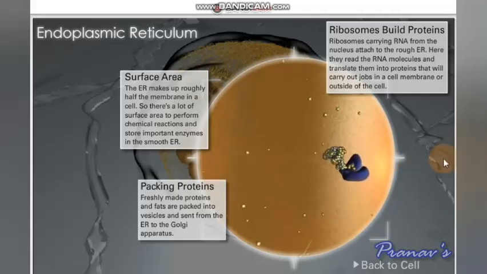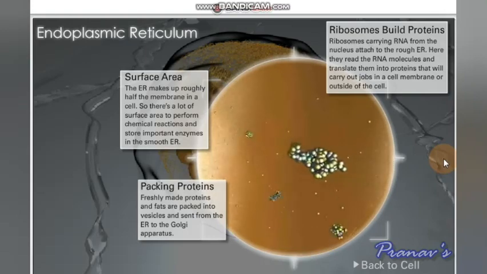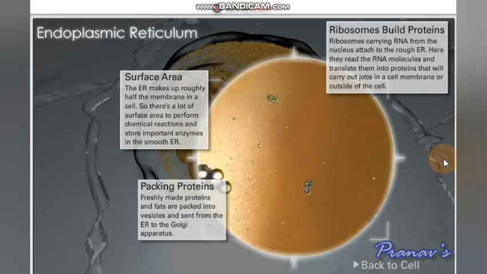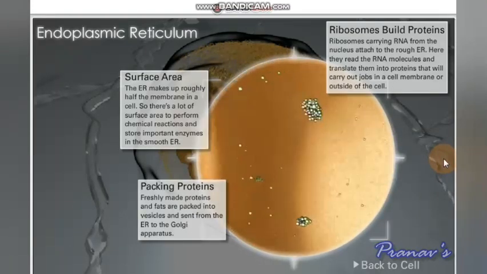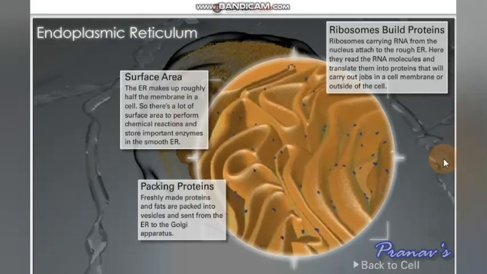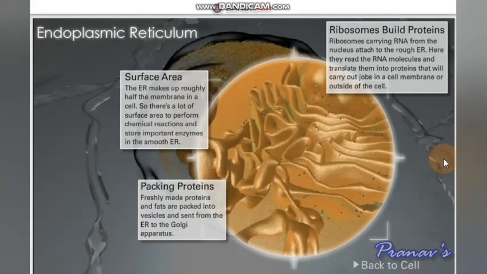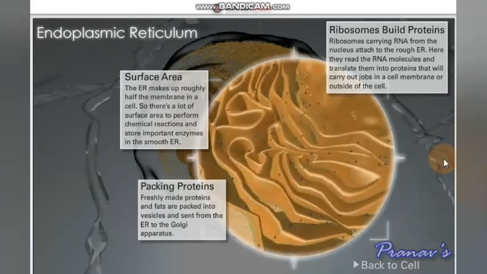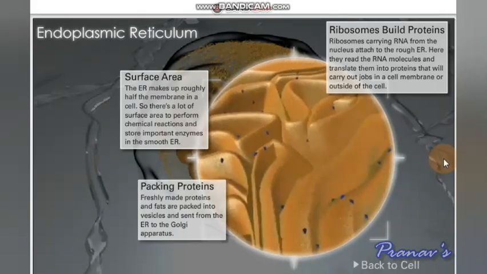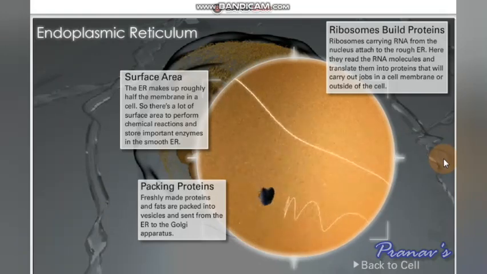The manufactured proteins are then sent to various places in the cell depending on need using the ER, that is endoplasmic reticulum. The smooth endoplasmic reticulum helps in the manufacture of fat molecules or lipids important for cell function. Some of these proteins and lipids help in building the cell membrane, which is known as membrane biogenesis.